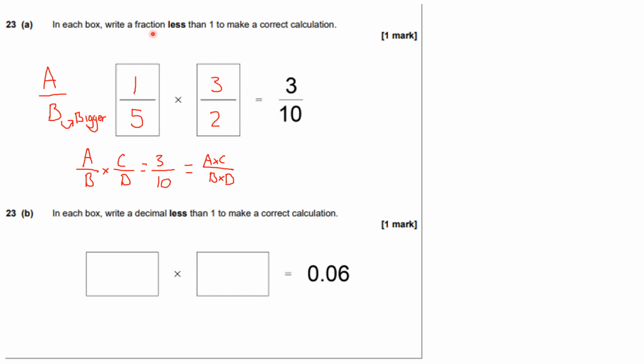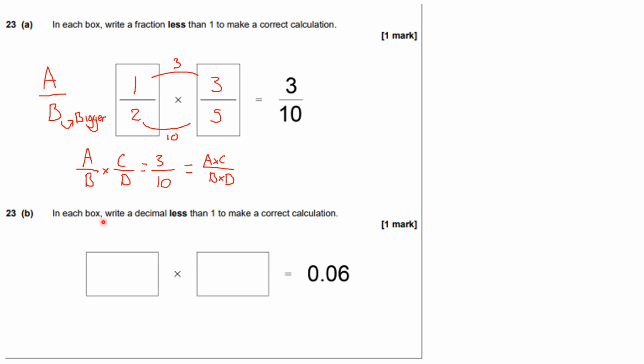So it's not less than 1. So we can't have that. So what if we just switch them around? What if instead we do 1 over 2 and 3 over 5? That seems to work. 2 times 5 equals 10, and 1 times 3 equals 3. And both of these numbers are smaller than 1. So that looks good. So next question.